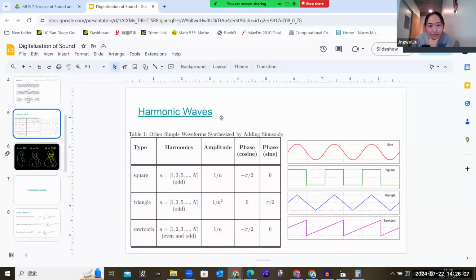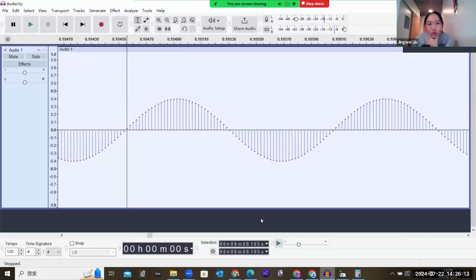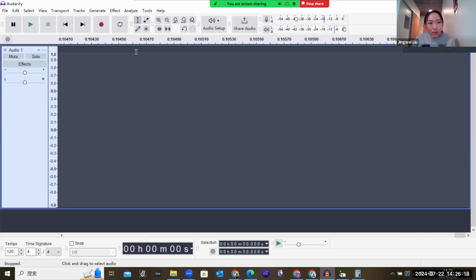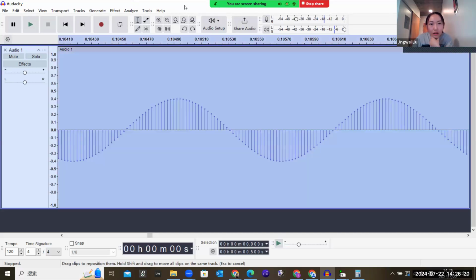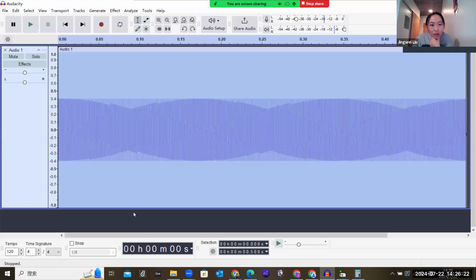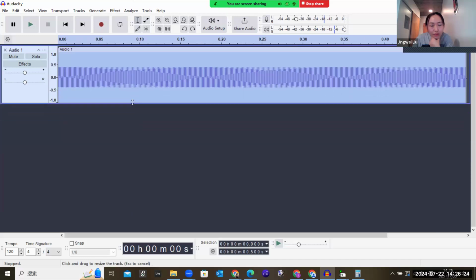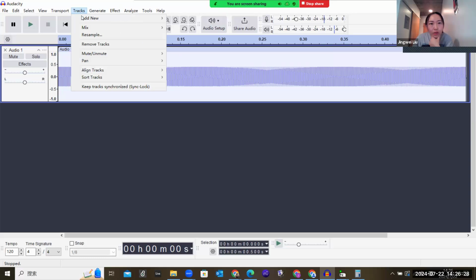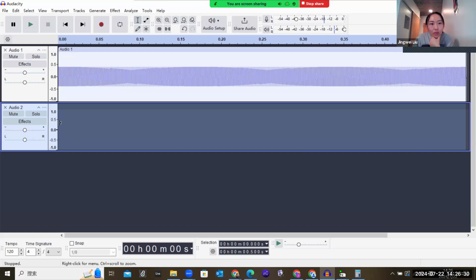For the harmonic waves, last time we tried this in Audacity, right? Last time we generated several tracks and generated different harmonic waves using Audacity.